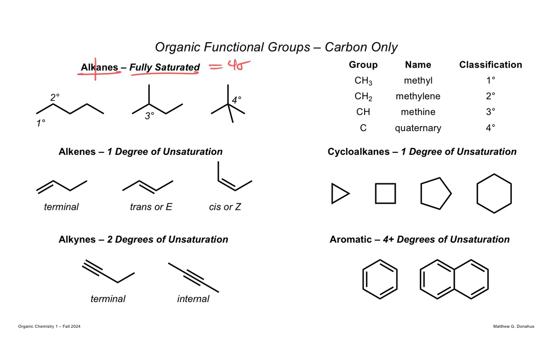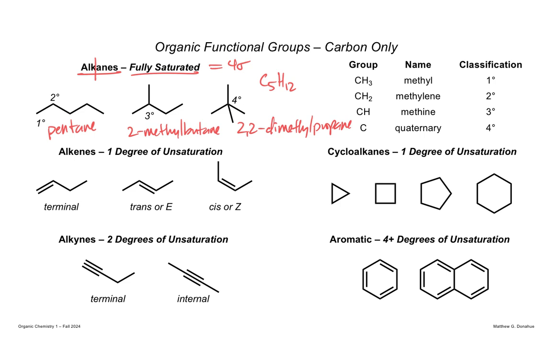Now what I've shown you are 3 different compounds. We have pentane, 2-methylbutane, and 2,2-dimethylpropane. And these are all C5H12 alkanes.